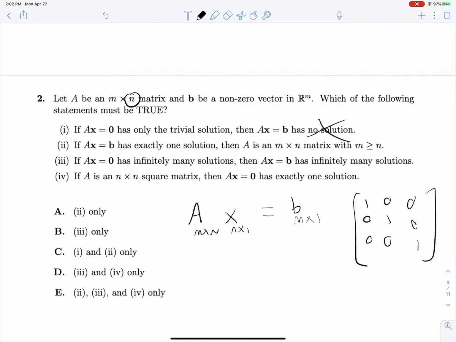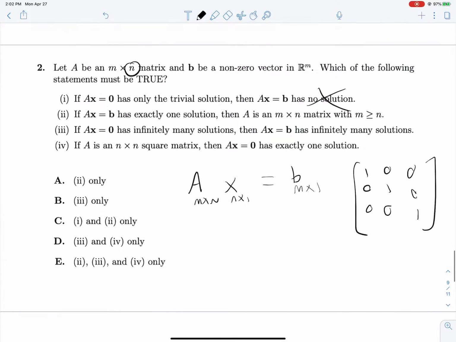What about 2? If Ax equals B has exactly one solution, then A is an m by n matrix with m greater than or equal to n. Okay, let's think about this. If m is greater than or equal to n, then we have a matrix that is taller than it is wide, and at max we have a square matrix, m equals n.